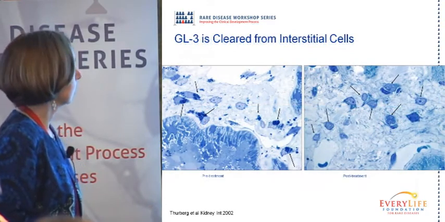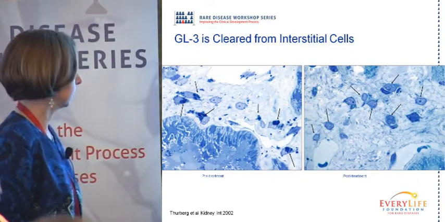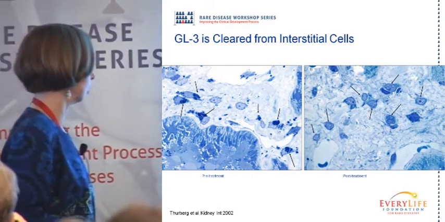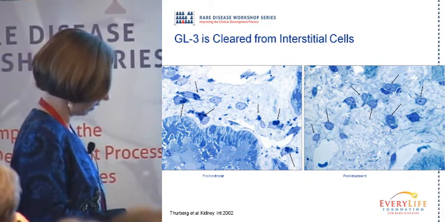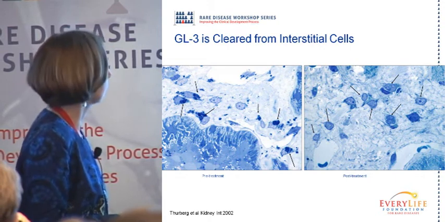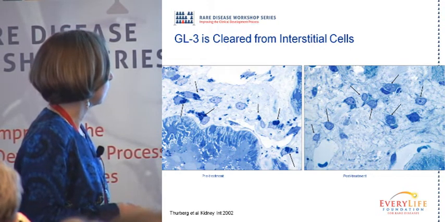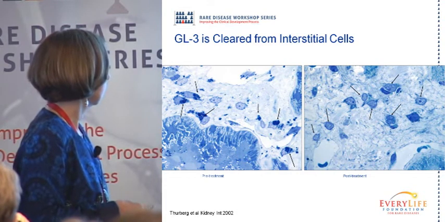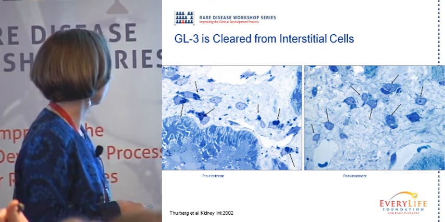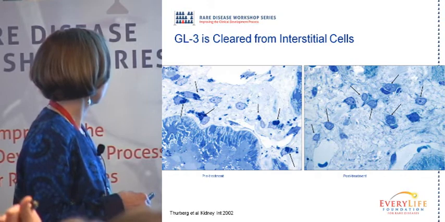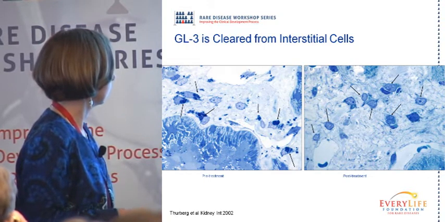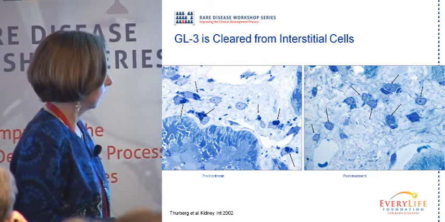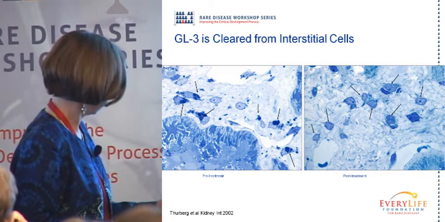And then, for completeness' sake, because we did have these biopsies, and there was a lot of information in the biopsies, we looked at some of the other cell types. So we looked at interstitial cells, which comprise the fibroblasts and macrophages which reside in the interstitium. And here you can see very heavy loads of GL3 in these cells, these big dark blue granules, and post-treatment, again, we get very nice clearance.